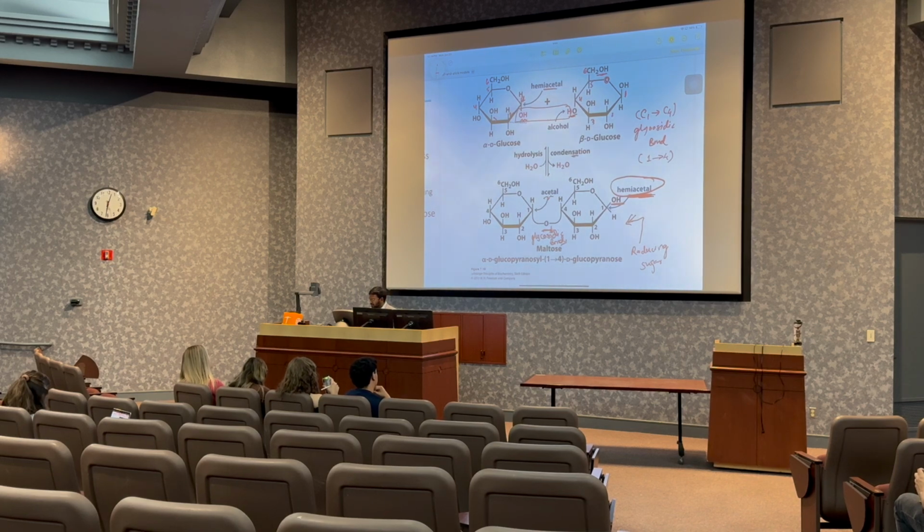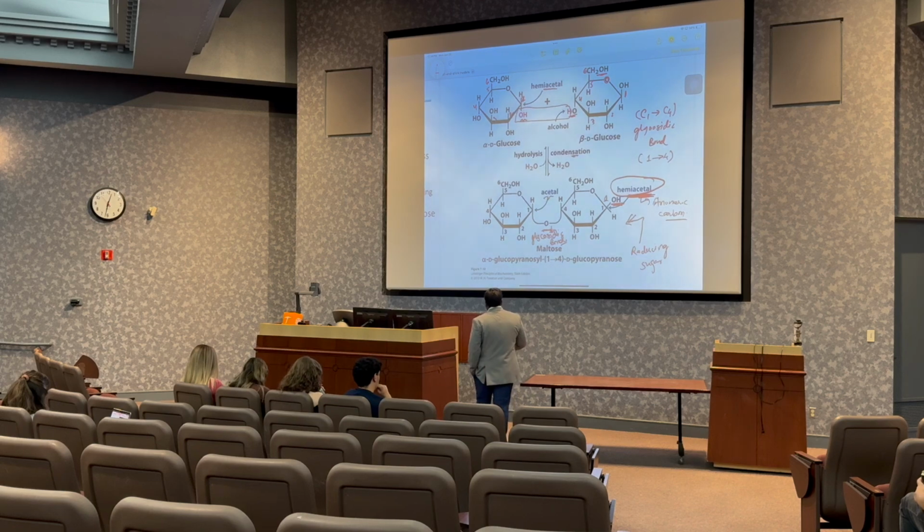If you see an OH at the first carbon, and the first carbon is the anomeric carbon, and if you have a hemiacetal at the anomeric carbon, your sugar is still reducing. And if you have an acetal structure at the anomeric carbon, your sugar is non-reducing, which we will learn after this.